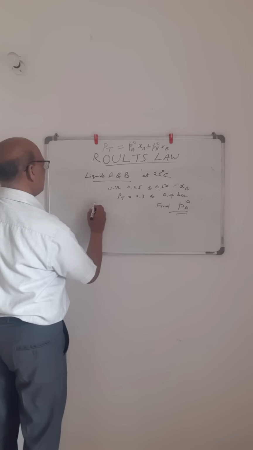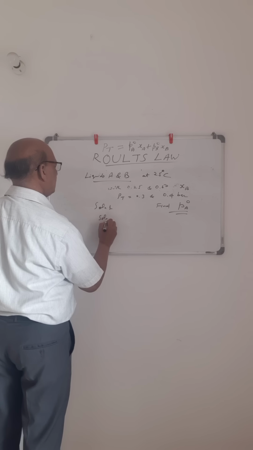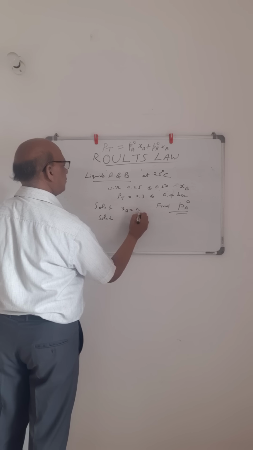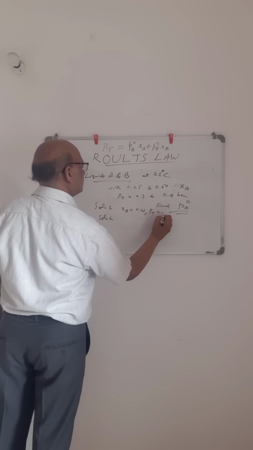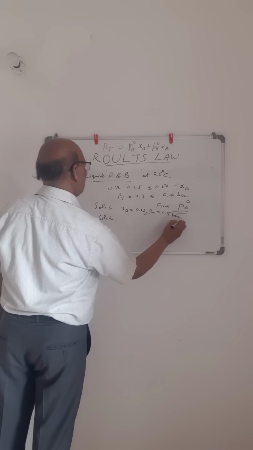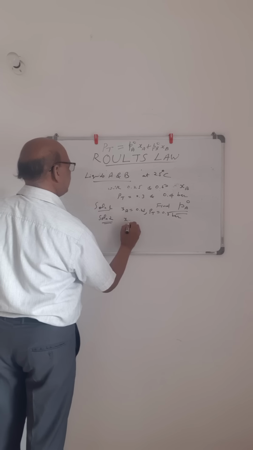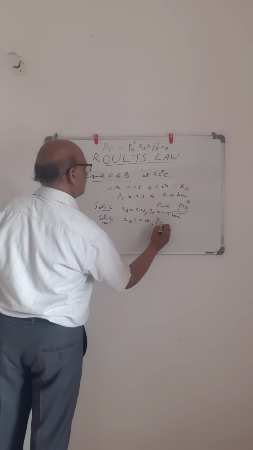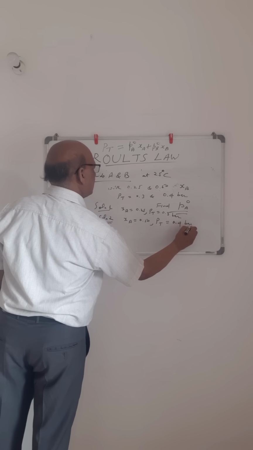So what we will do, we will consider this solution 1 and solution 2. Solution 1 has XA equal to 0.25 and P total is 0.3 bar. Solution number 2 has XA equal to 0.50 and P total is 0.4 bar.